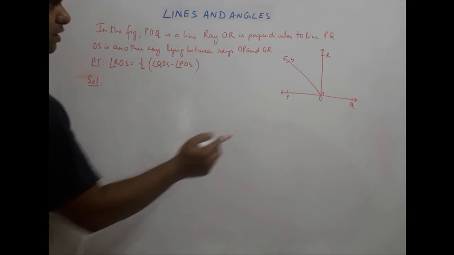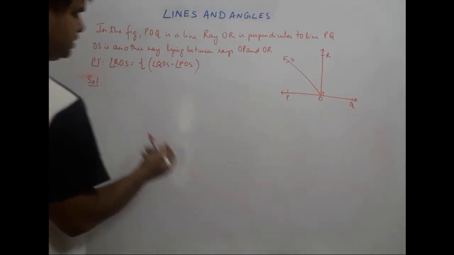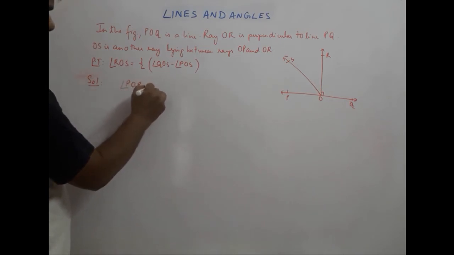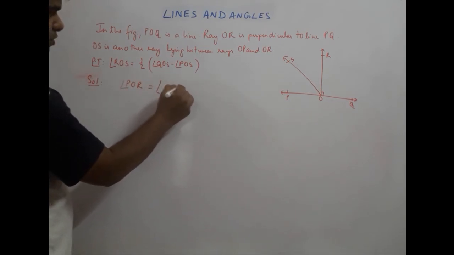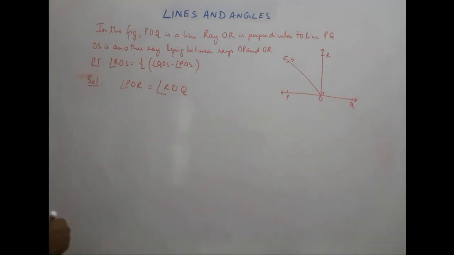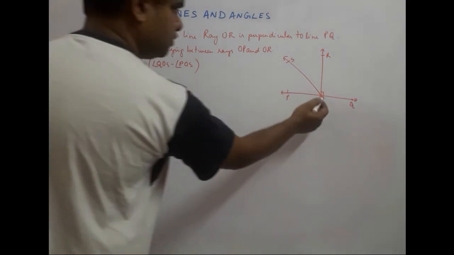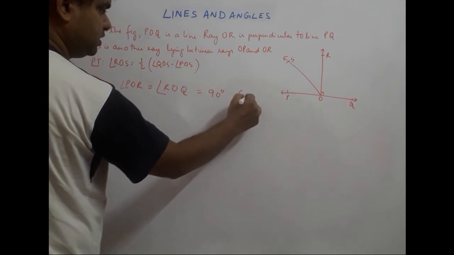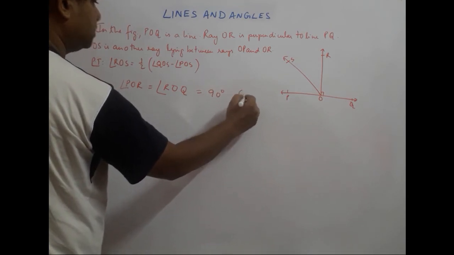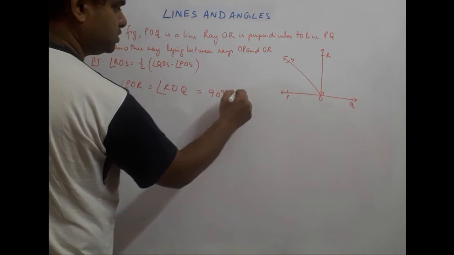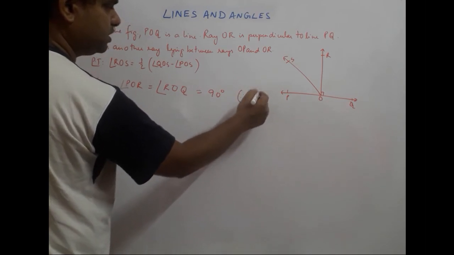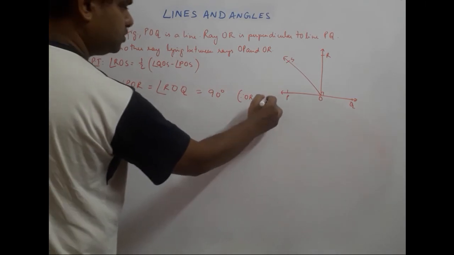Okay, we are given OR is perpendicular to PQ, so we can say that angle POR is equal to angle ROQ. POR is equal to ROQ because both are equal to 90 degrees, and since OR is perpendicular, this is the perpendicular symbol, to line PQ.